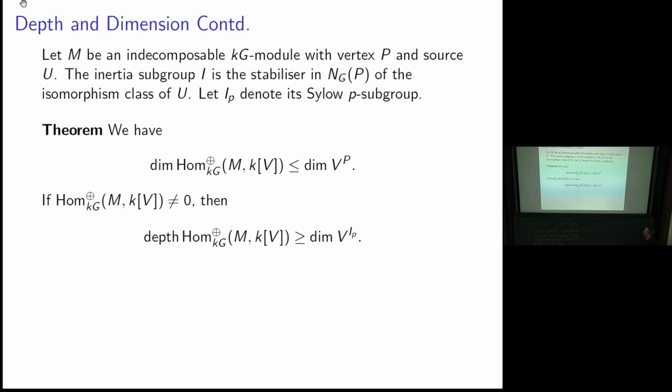But you have this annoying thing that keeps coming up. You always have to keep saying, if this is not 0, then that, because of course this module might not occur at all. And you have to be careful here because there's a question: what is the depth of the 0 module? This is a problem. If you look at the Stacks project blog, they had a long discussion about this.